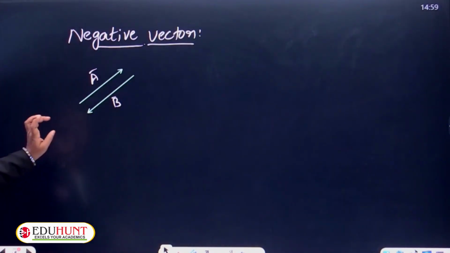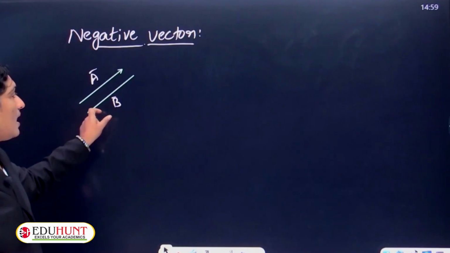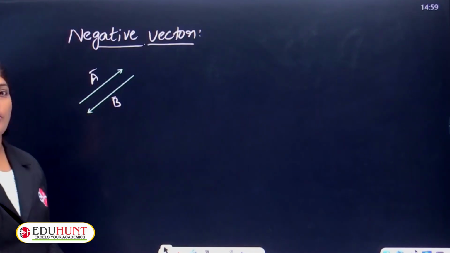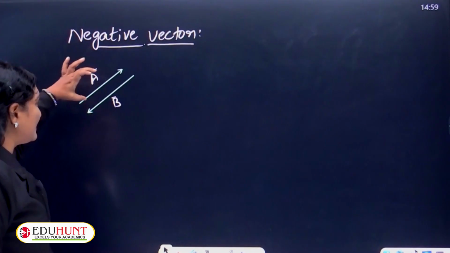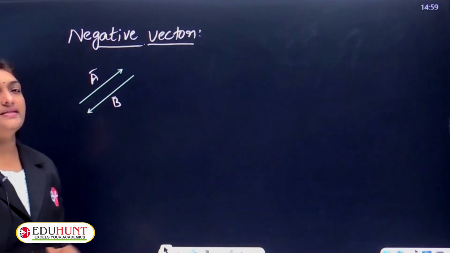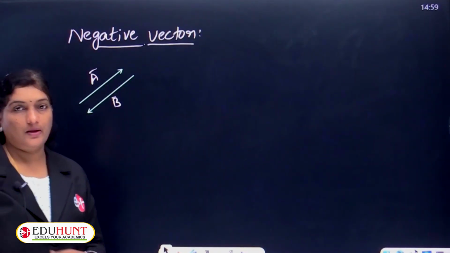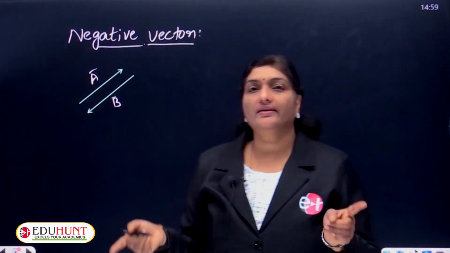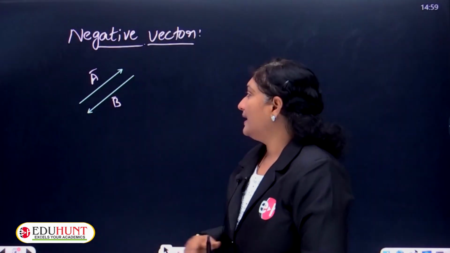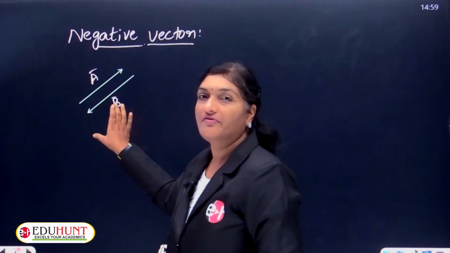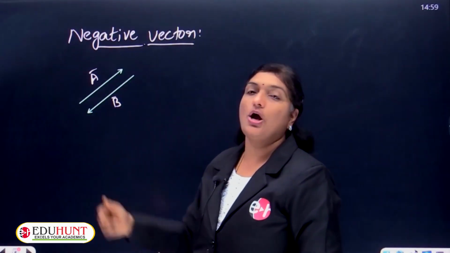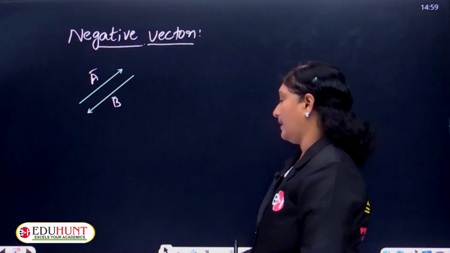The vector B bar is said to be a negative vector of A bar whenever it has the same magnitude but its direction is exactly opposite. So, B bar is a negative vector of A bar. Why? Because it has the same magnitude as A but its direction is opposite to that of A.